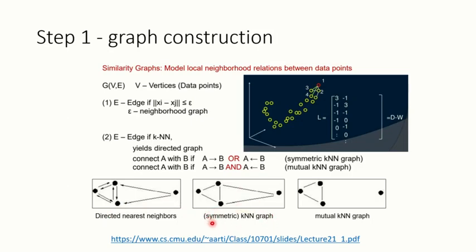And then you can make it symmetric, so you collapse those directions. If there's a link, then you keep that link. Or you can apply so-called mutual KNN, then you only keep those links where the two nodes are each other's nearest neighbor. Some links like this and that, because they're not mutual nearest neighbors, will be removed. You keep this graph. So there are several different ways to construct this KNN graph.